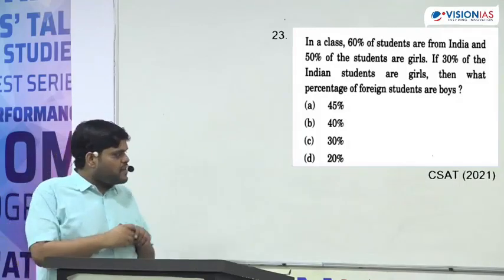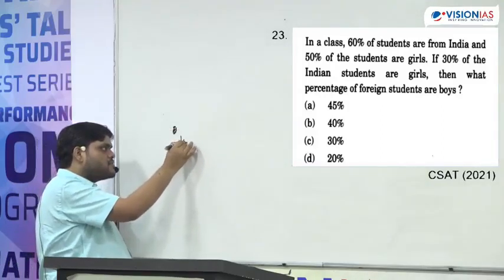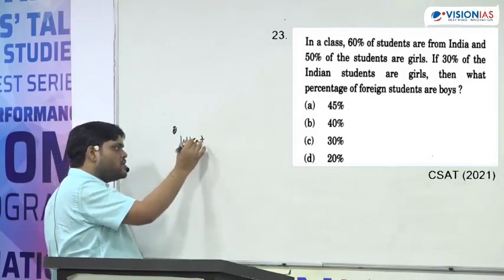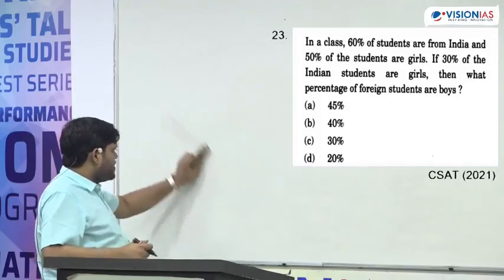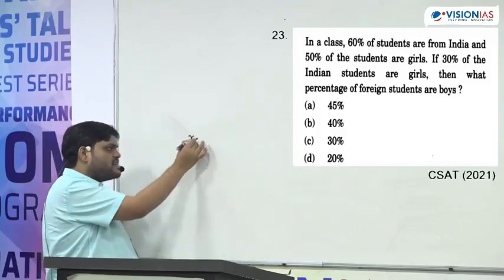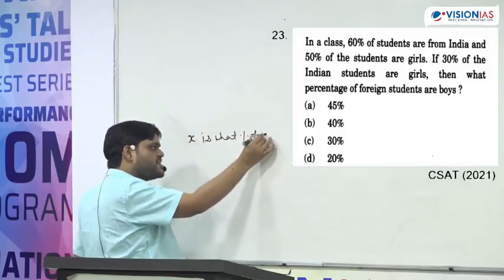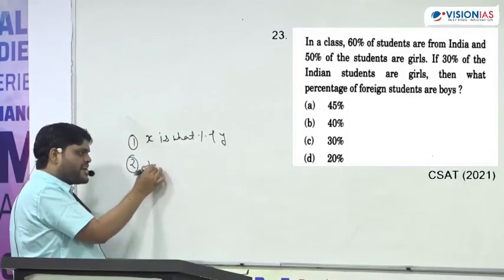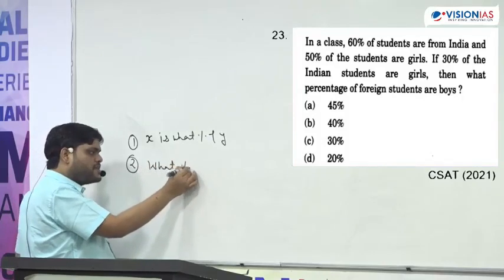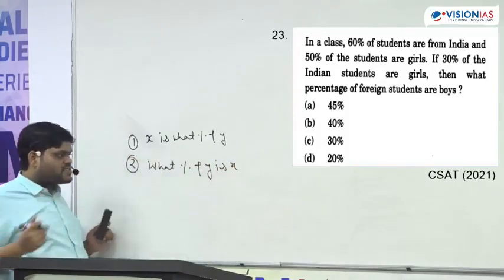I have told you, there are two statements. First is, X is what percent of Y, and the second statement can be, what percent of Y is X. Both are the same statement.